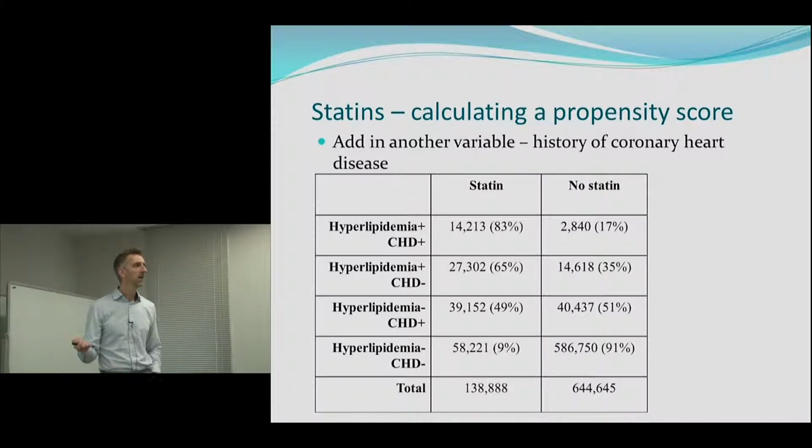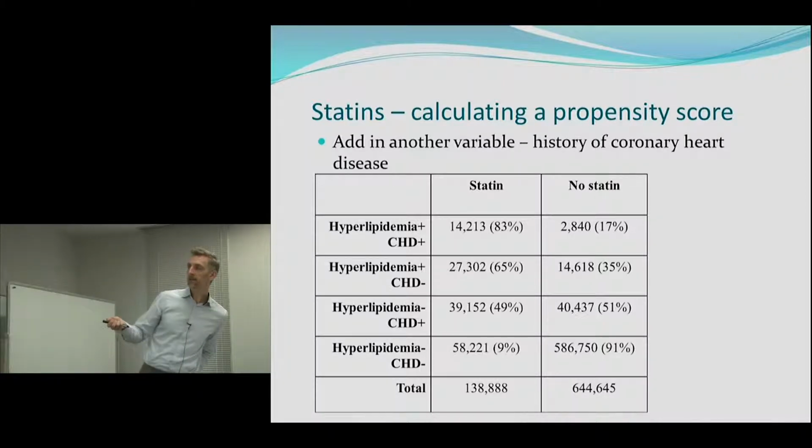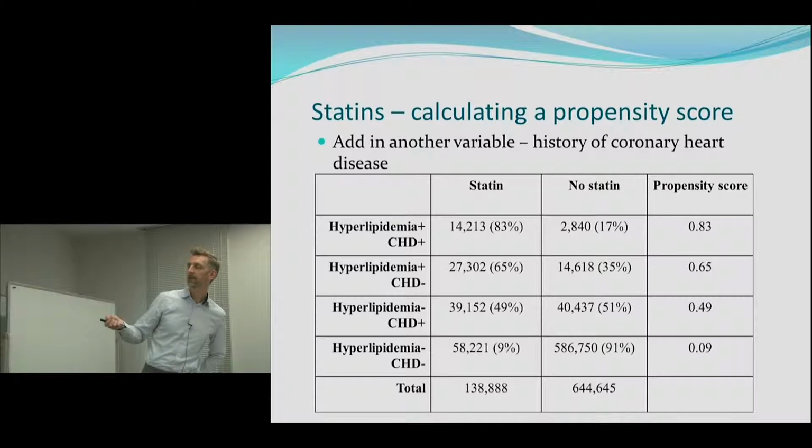So kind of graded from the sicker people down to the more healthy people down here. Okay? So these are what the data look like, and the propensity score is then simply a read across from these strata of the proportion of people who are treated with a statin. So 83% of people in this group are treated with a statin.